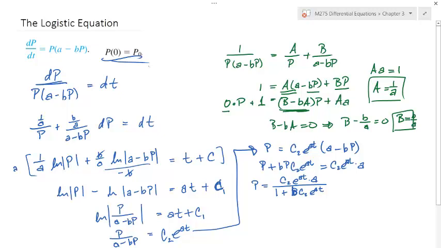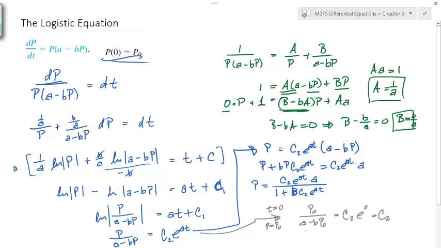Let's see. I think it might be easier to find our initial condition here to get c2. So if t is equal to 0, p is equal to p naught. So we have p naught over a minus b p naught is equal to c2 e to the 0 power, which is just equal to c2.